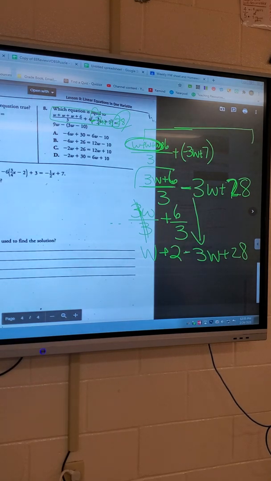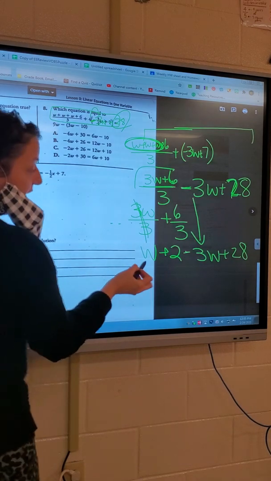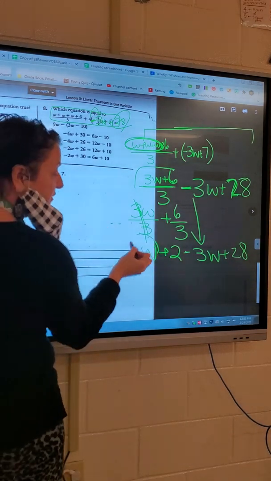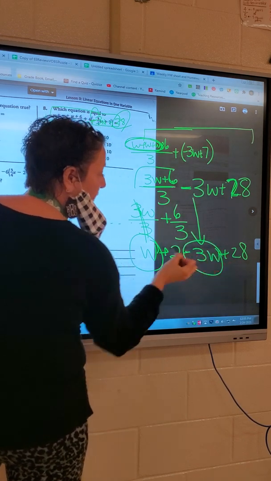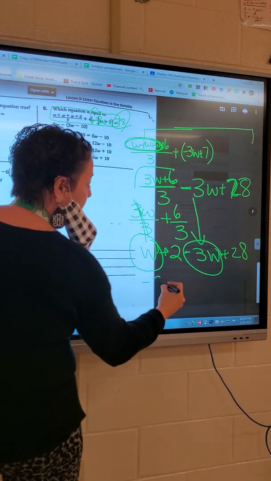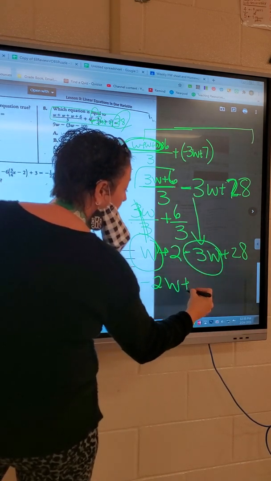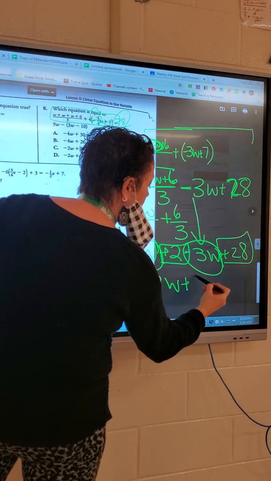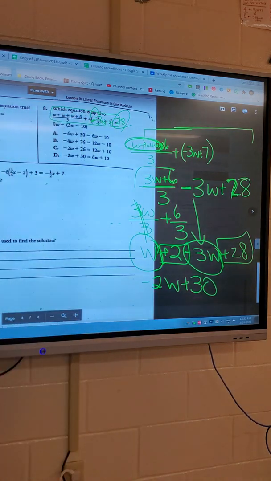Okay. Now I'm ready. Now I can combine some more like terms. w plus a negative 3w is a negative 2w, plus this 2 and this 28 gives me 30. Negative 2w plus 30.